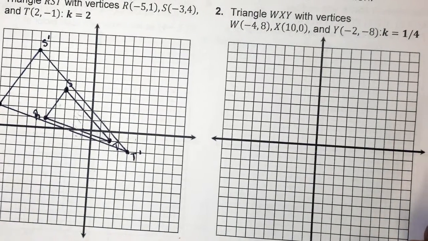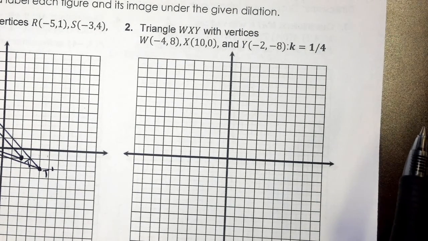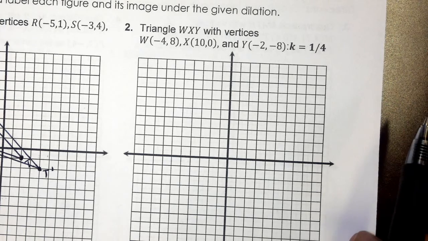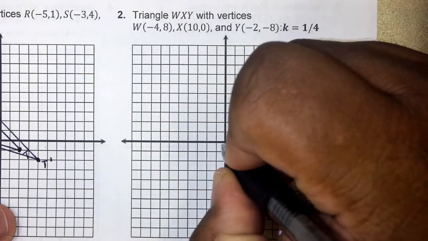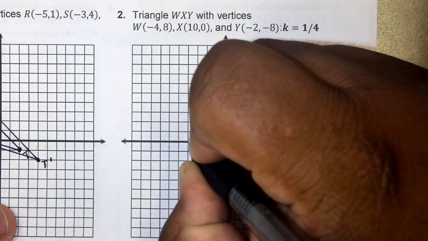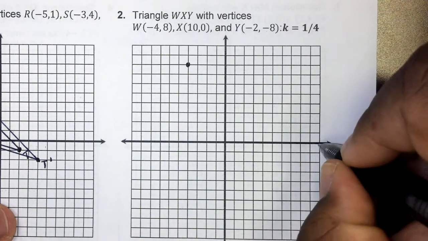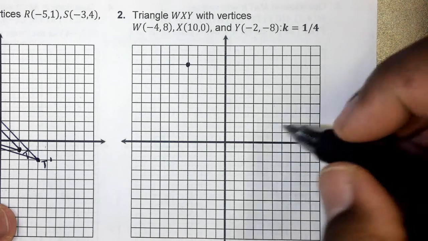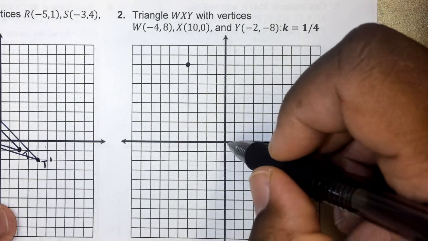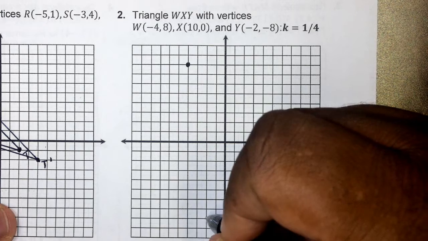On the next one, our scale factor is 1/4. So our image is going to shrink. The image that we make is going to get closer to 0, 0 than the original image. Alright, so let's do this one. Triangle WXY, graph it. -4, 8. -10, 0. -2, -8.